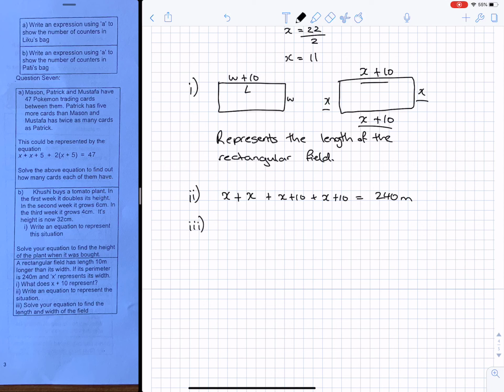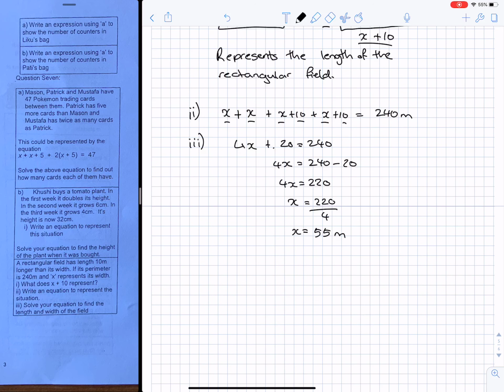And number 3, solve your equation to find the length and width of the field. So it would be 1, 2, 3, 4x plus 20 equals 240. 4x equals 240 minus 20, 4x equals 220, x equals 220 divided by 4, and x equals 55 meters.